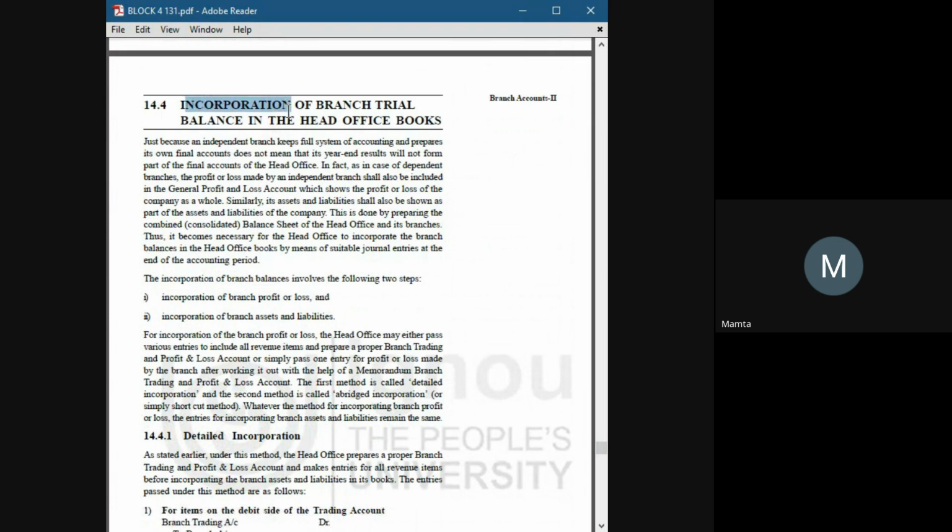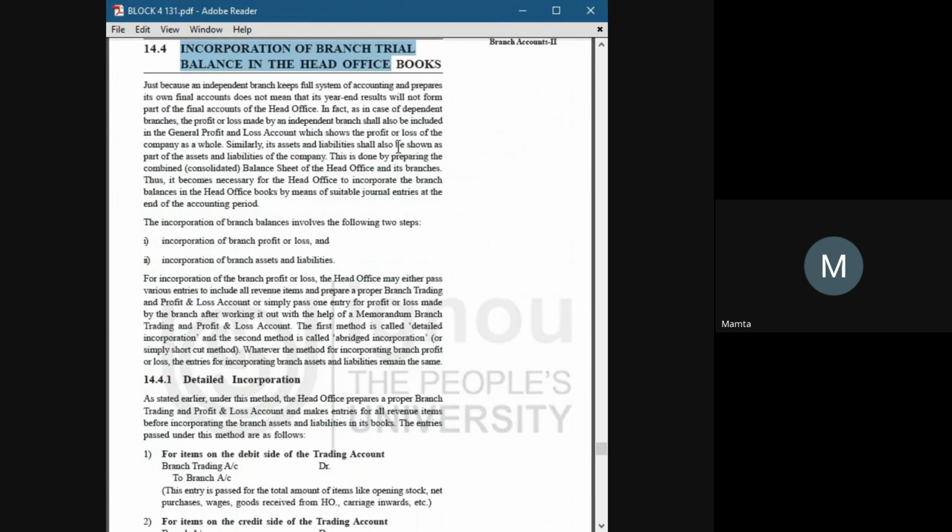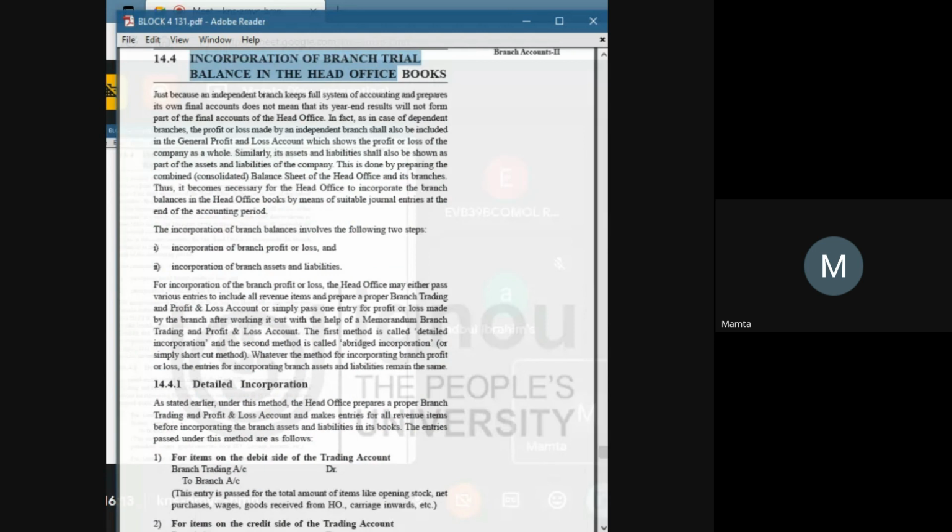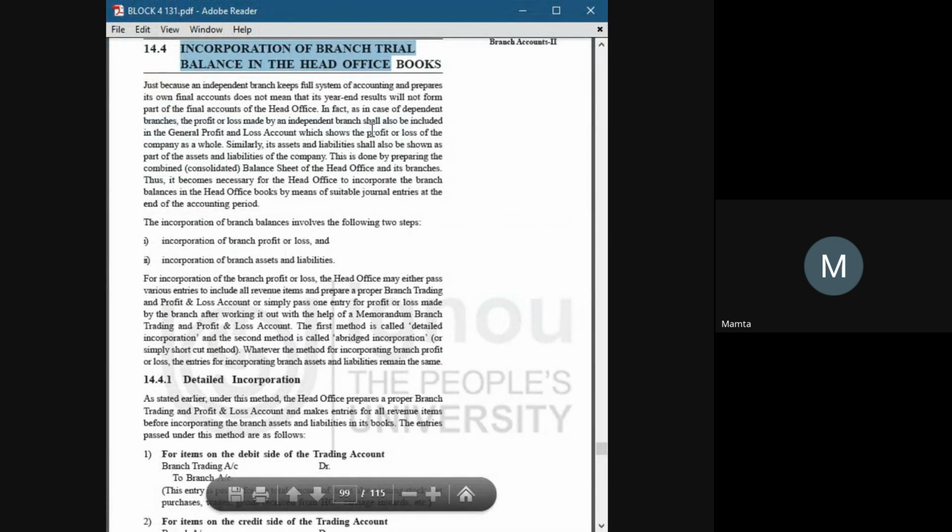Incorporation of branch trial balance in the head office books. Just because an independent branch keeps a full system of accounting and prepares its own final accounts doesn't mean that its year end result will not form part of the final accounts of the head office.